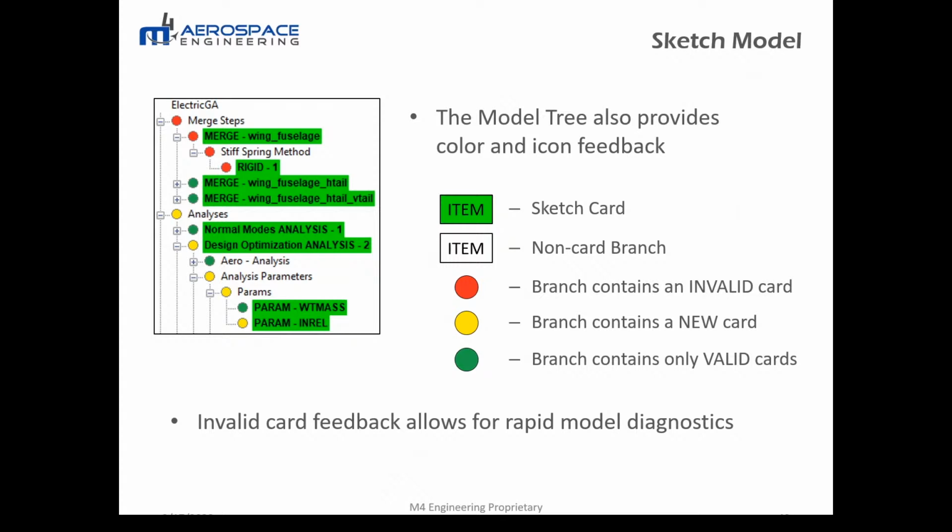Cards that are marked yellow were recently added by the user and simply require a quick review by the user to verify that the fields were defined correctly. And then finally, when all the cards are marked green and every desired sketch card has been added, then the model is valid and can be used to generate the finite element model.